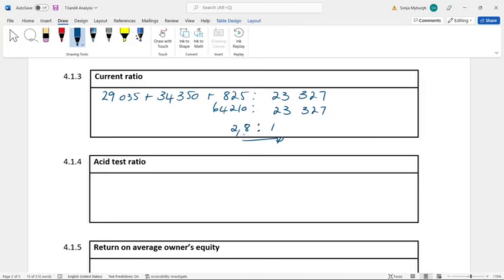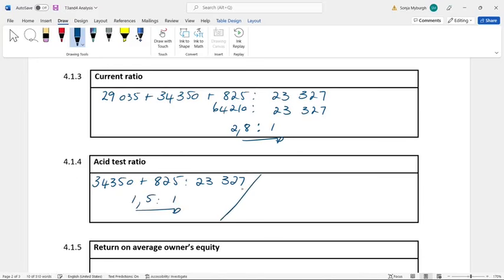But now, just to make sure that included in that is not too much trading stock, we take trading stock out of the equation when we do the asset test ratio. So then it will only be trade and other debtors plus cash and cash equivalents towards the current liabilities. And that will give you an answer of 1.521.